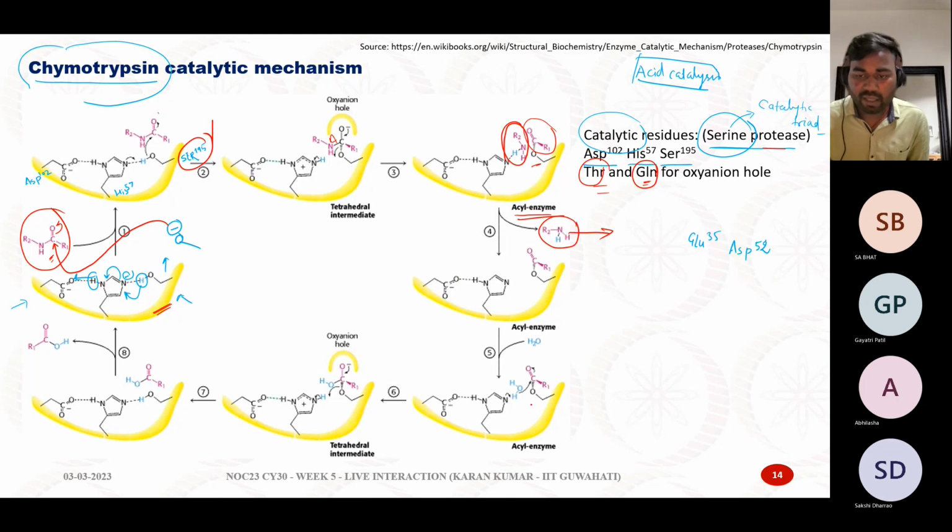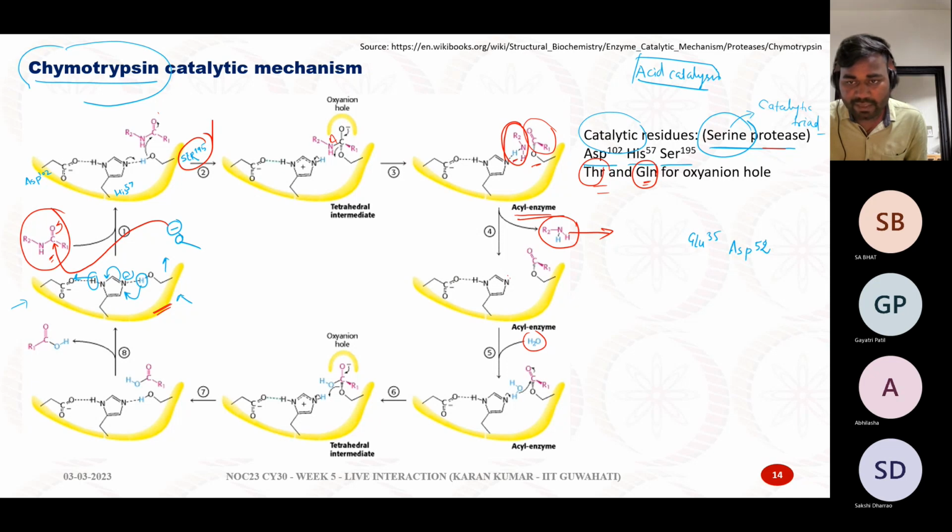Okay. Now one water molecule hydrolysis will occur. During the hydrolysis, when the charge is stable here, it will generate a partial negative charge over the nitrogen, because the hydrogen is accepted.